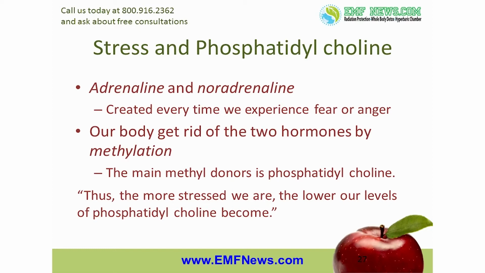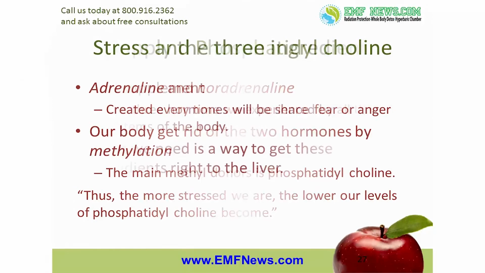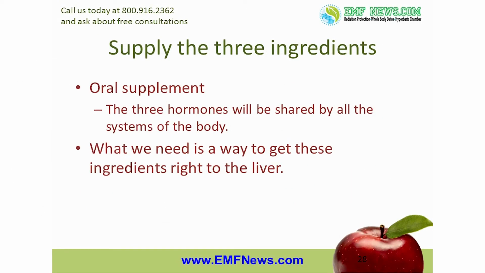One of the main methyl donors for the methylation pathway in the body is phosphatidylcholine. Thus, the more stressed we are, the lower our levels of phosphatidylcholine become. These are just 2 examples of how toxins, both internal and external, can cause us to become chronically deficient in glycine, taurine, and phosphatidylcholine. So, why not just take these 3 ingredients in an oral supplement?